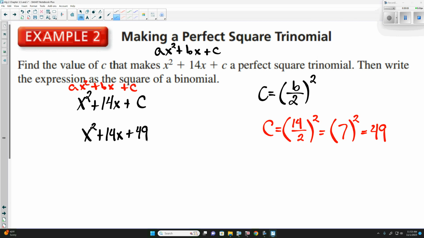Now it says to also write the expression as the square of a binomial, our set of parentheses squared. And this is kind of nice because it'll work out this way every single time, because we'll have our x. Now the number that goes in there with it will be the number and sign of what we have inside the parentheses before we square it, before we find that value of c.